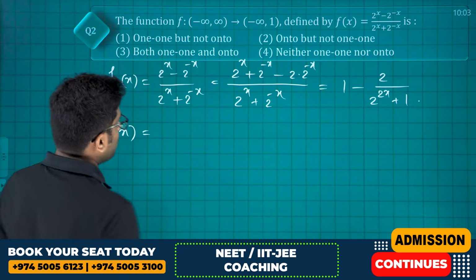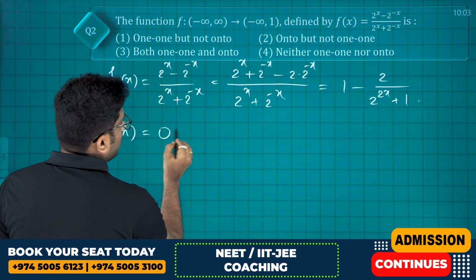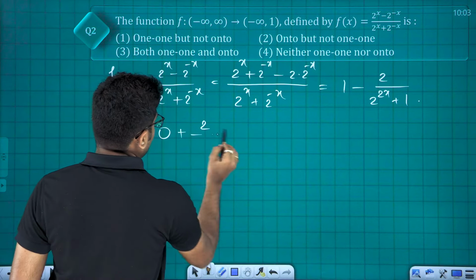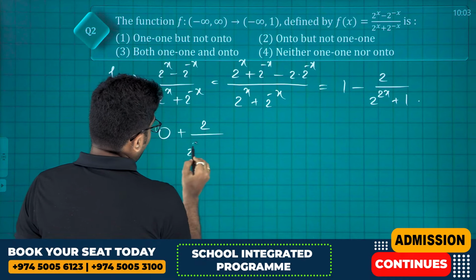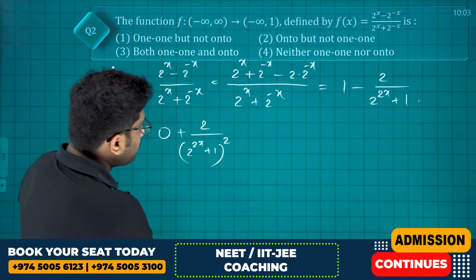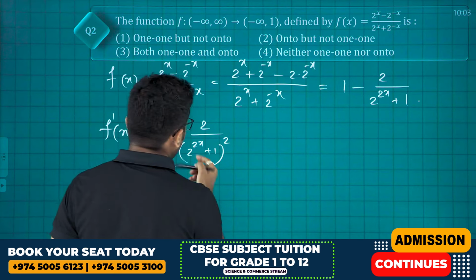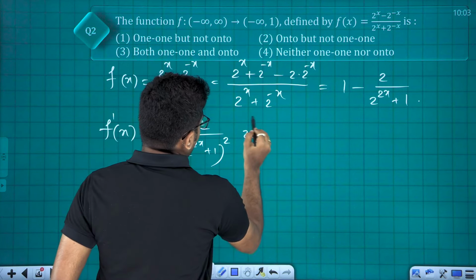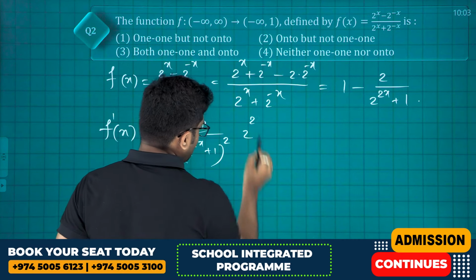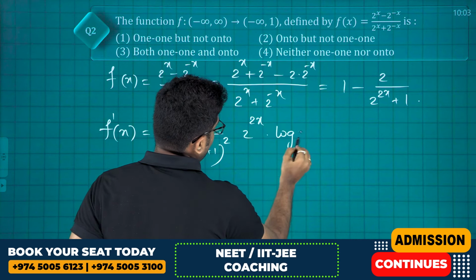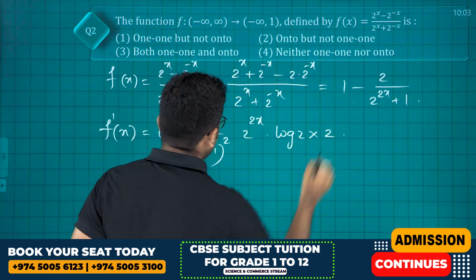f dash x is equal to, for 1 it is 0. For 1 by x it is minus 1 by x square, that is plus 2 divided by 2 power 2x plus 1 whole square, and for 2 power 2x plus 1 it is 2 power 2x into, for 2 power 2x it is log 2, for 2x it is 2.